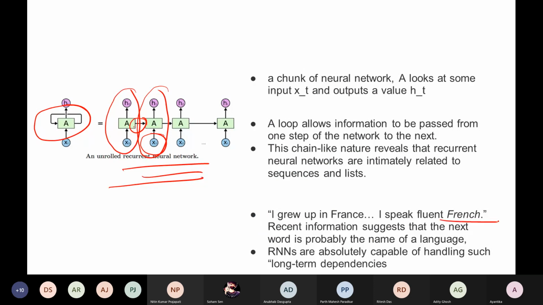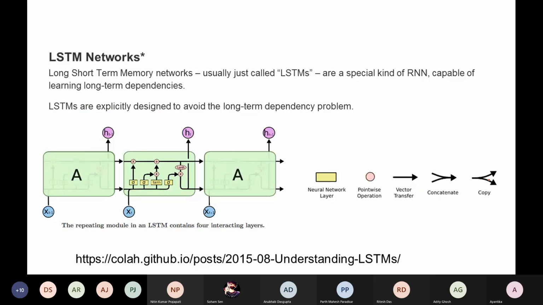The recent information suggests that the next word, after I grew up in France, may be French, probably the name of a language. That is the example I gave for the next coming slides: from whatever we are discussing, you may predict the next slides.